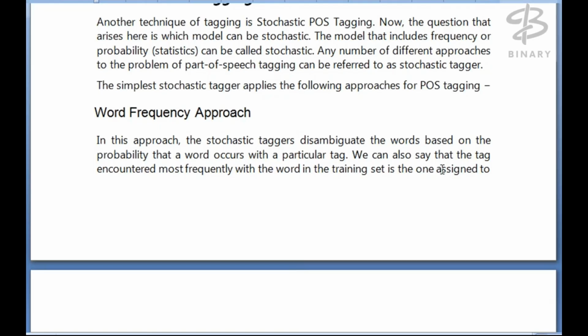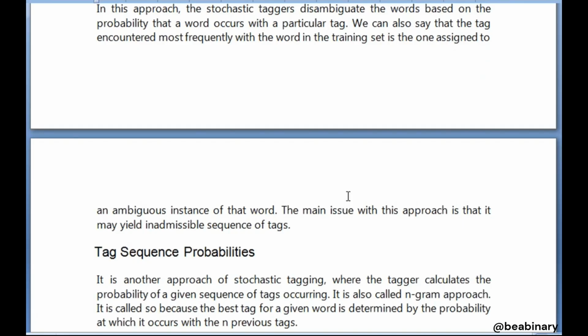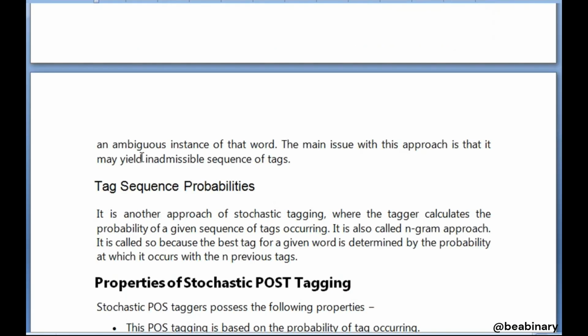We can say that the tag encountered most frequently with the word in the training set is the one assigned to an ambiguous instance of the word.